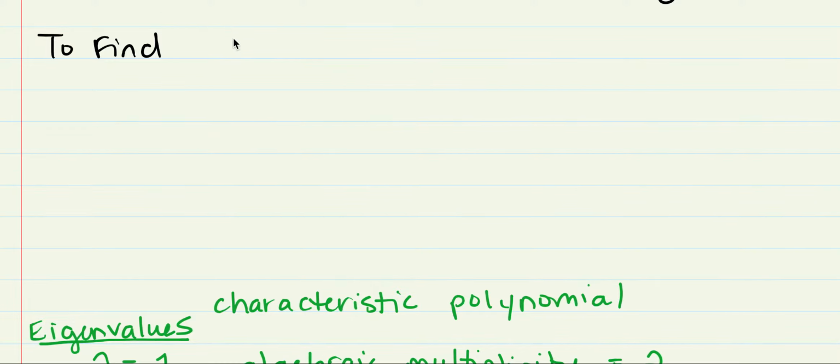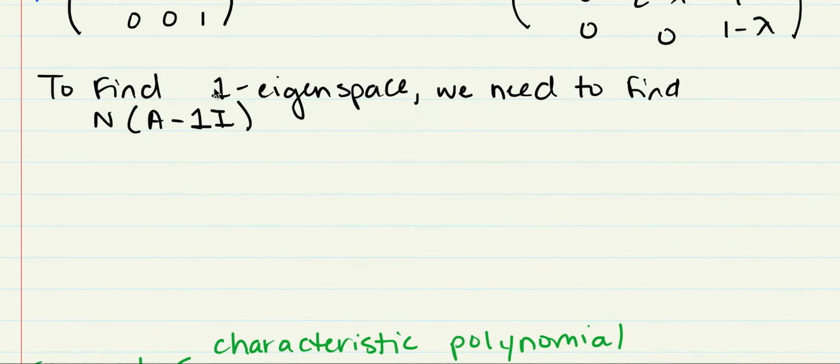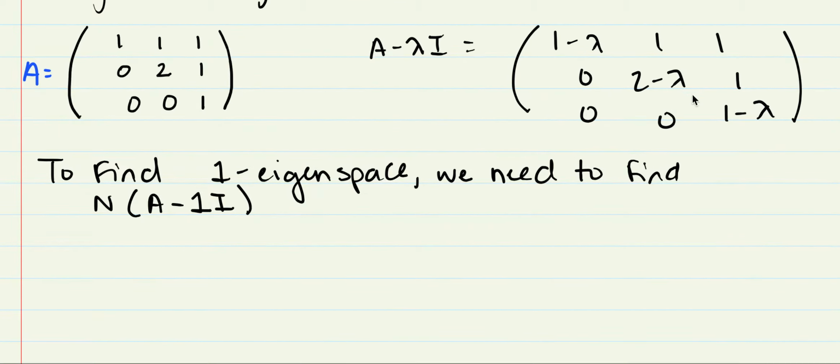So the 1 eigenspace, we need to find the null space of A minus 1 times the identity matrix. So I'm going to plug in 1 here and see what I get. So I need to find the null space of 0, 1, 1, 0, 1, 1, 0, 0, 0.